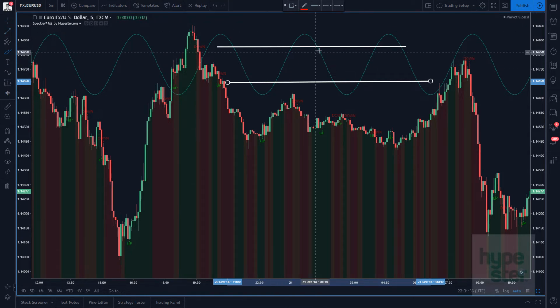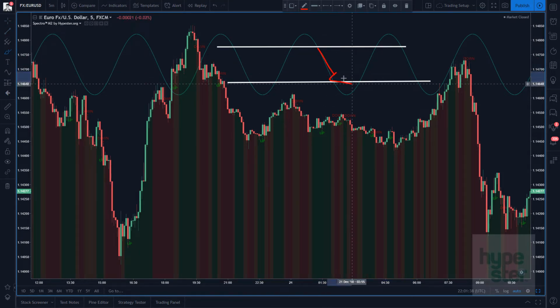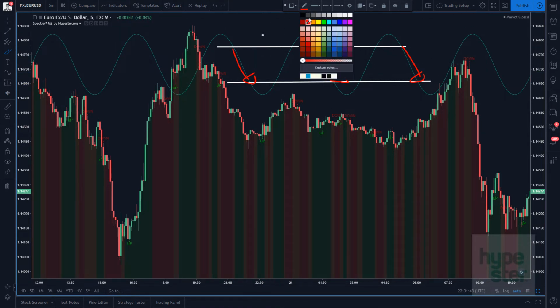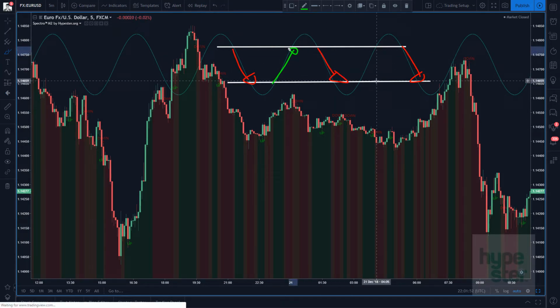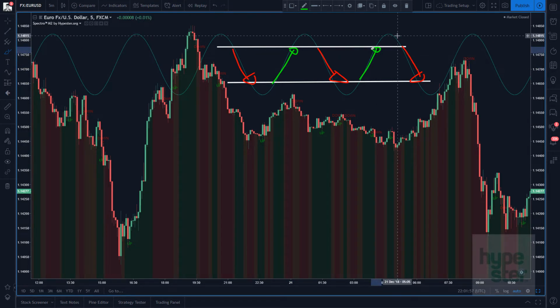So this would be a bearish area, which means supply is bigger than demand, therefore price decreases. Then you have the bullish areas where the supply is smaller than the demand, therefore there are more people buying than selling, price increases.